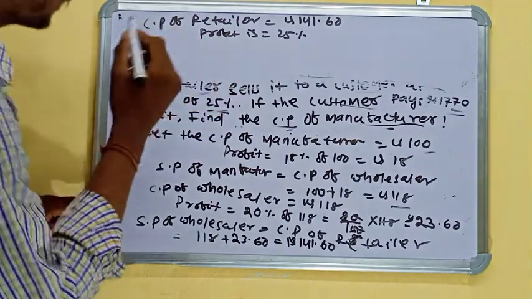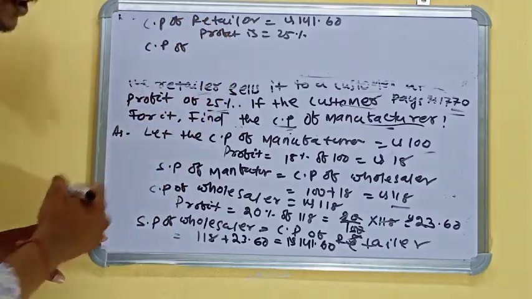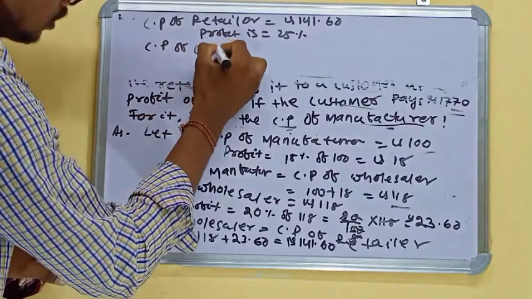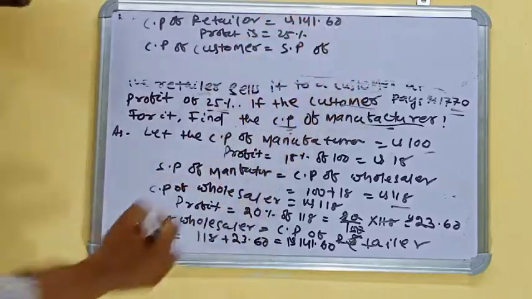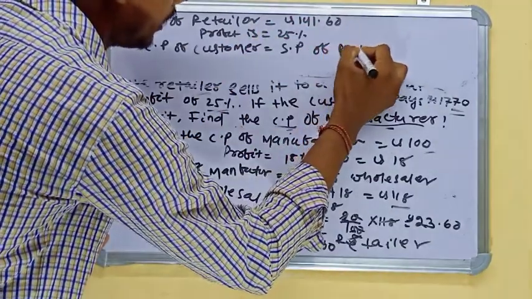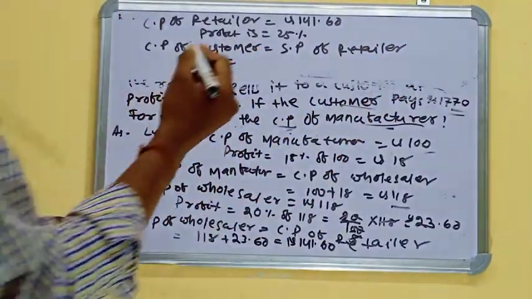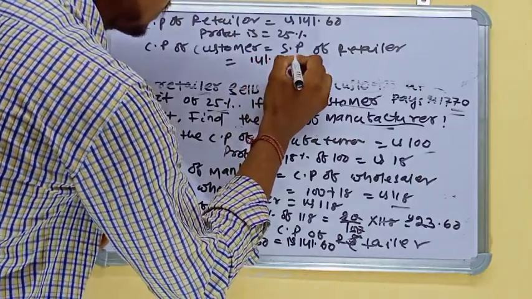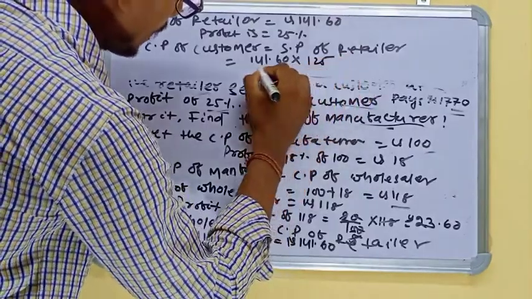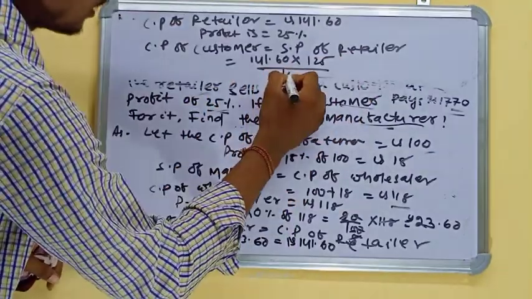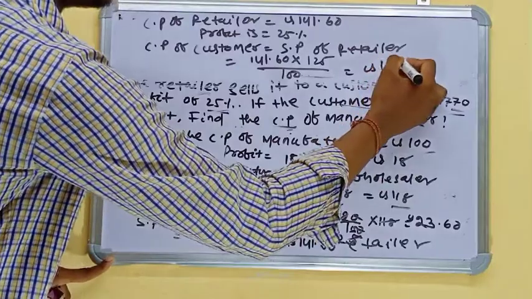Then the CP of the customer is equal to the SP of the retailer, which is 141.60 into 125 divided by 100.